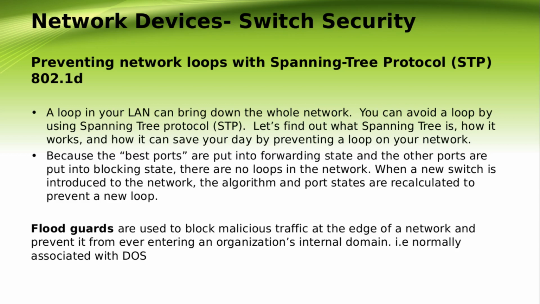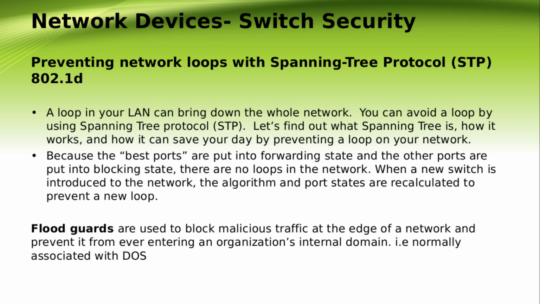Next, the Spanning Tree Protocol. The Spanning Tree Protocol is a network standard defined by IEEE in the 802.1D standard. The purpose of spanning tree is to prevent loops in the LAN and to select the fastest network path if there are redundant links in the network.